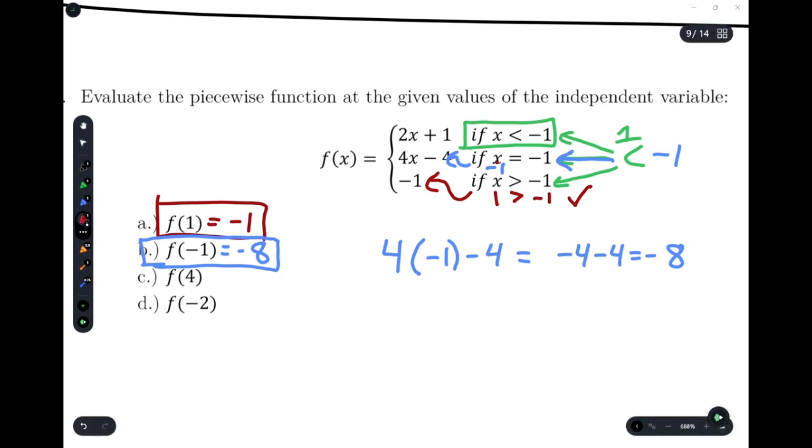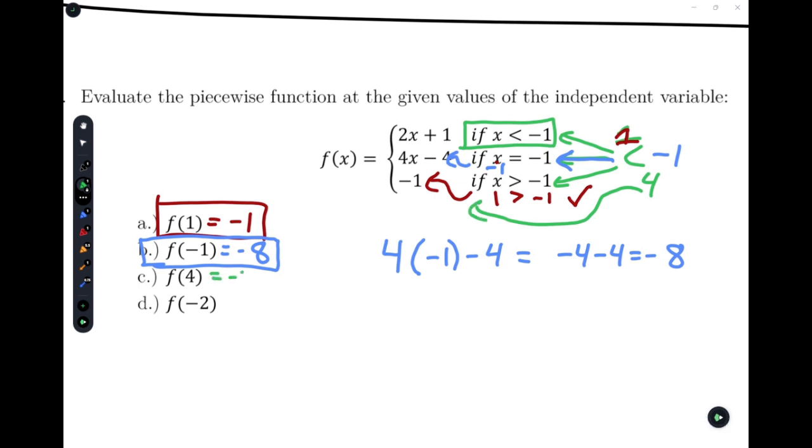All right. What color haven't we used yet? Green. Where does 4 sort to? Oh, 4 goes to the bottom as well? It's greater than or equal to negative 1. All right. Where does black sort to? Negative 2? To the top?